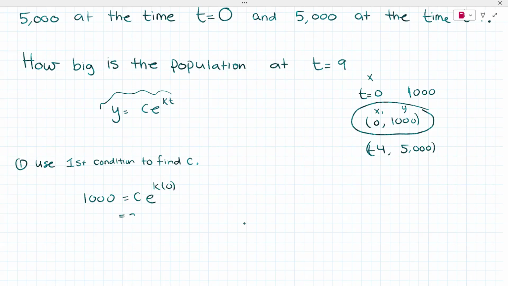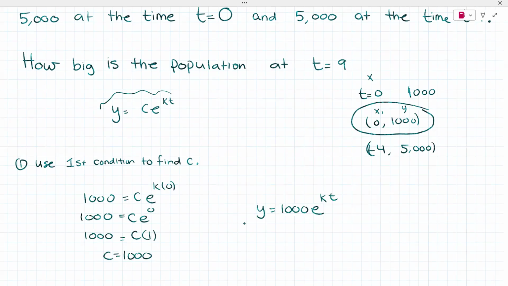K times 0 is 0, and e to the 0 is 1, since anything raised to the 0 is 1. Times c, so c is 1,000. Your initial value is 1,000, so it's y equals 1,000 e to the kt.